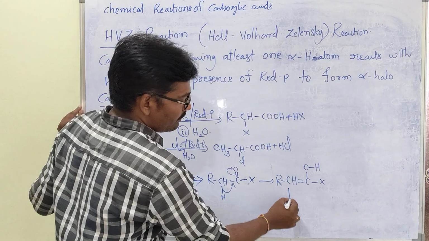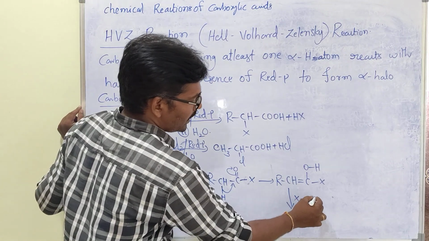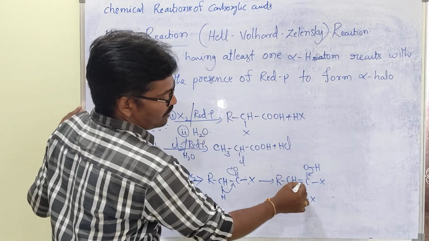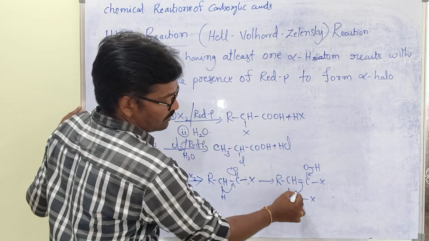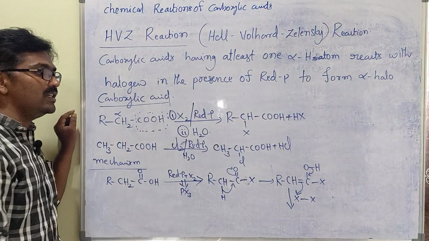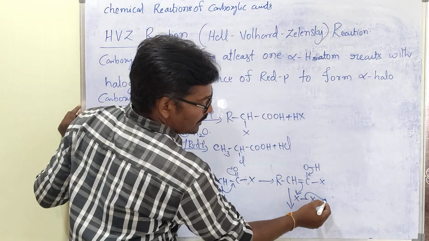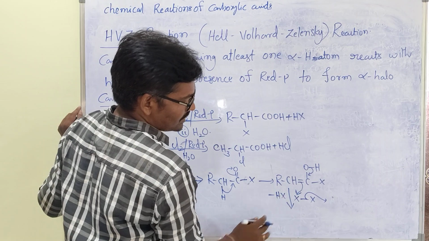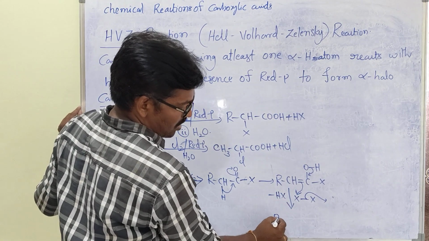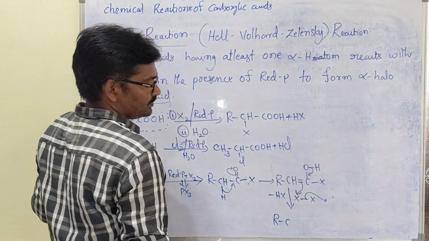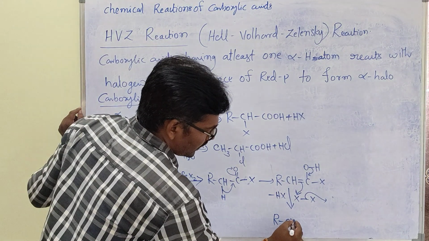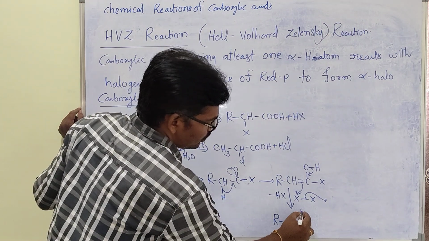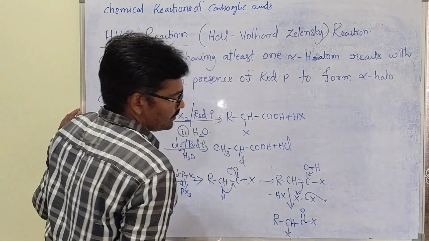Now when it reacts with the halogen X-X, the bond will be shifted and it will attack as a nucleophile, so that X will be eliminated. Then the hydrogen is eliminated as HX, giving RCHX, with the halogen attached to this carbon itself, then C double bond O, then X.